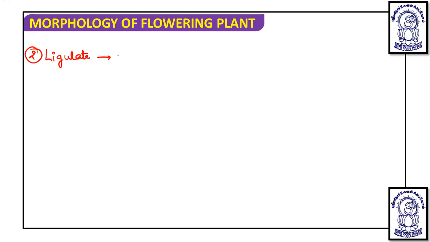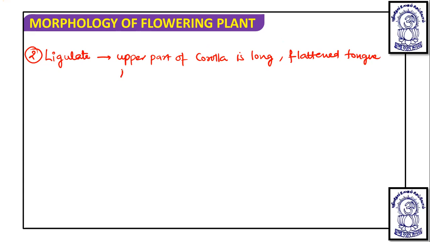In the ligulate corolla, the upper part of the corolla is long, flattened, tongue-like, and it is attached to a short narrow tube.